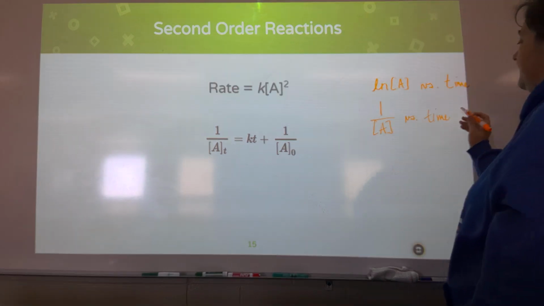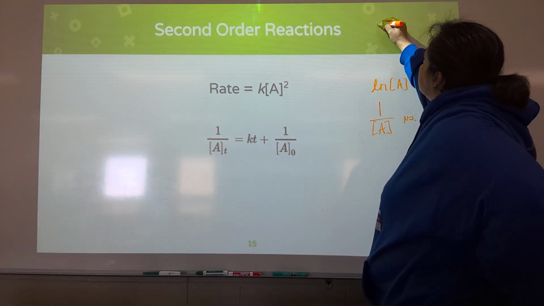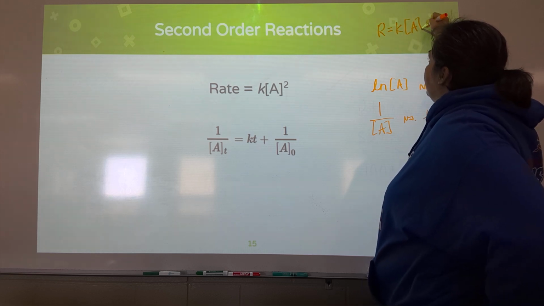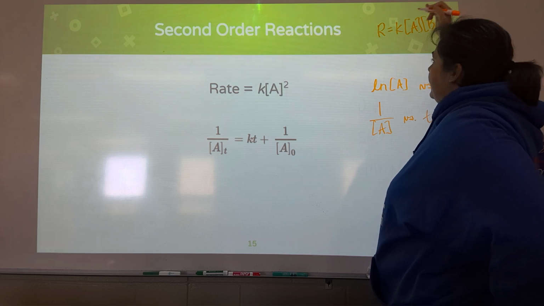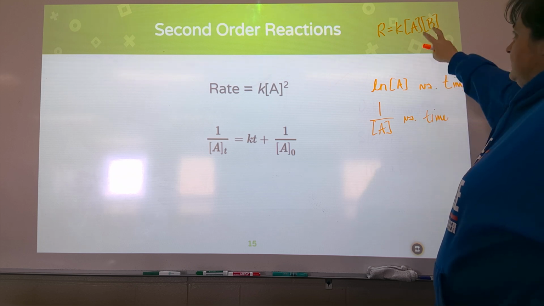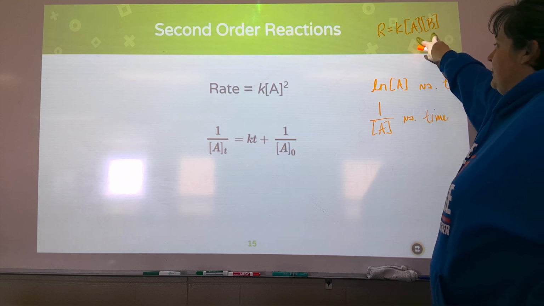If we had the rate law, rate equals k times the concentration of A times the concentration of B, which would also be a second order reaction, they're first order in both of those.